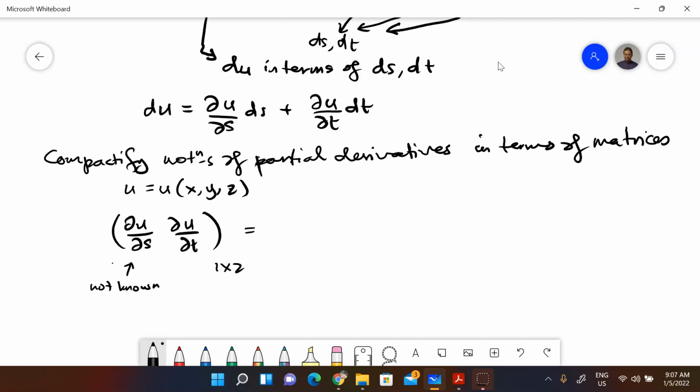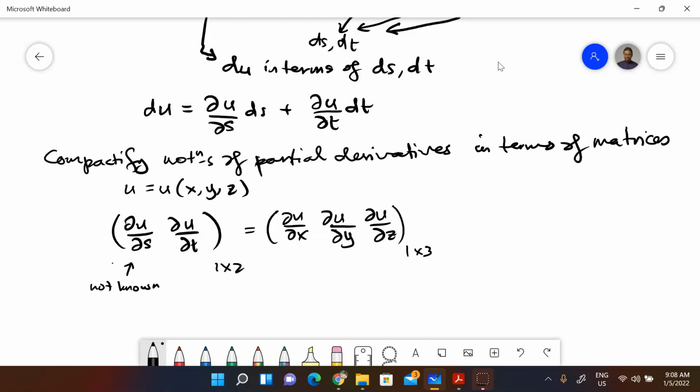And how do you get this is by taking what is known. In this case, what is known for u is your partial u, partial x, partial u, partial y, partial u, partial z. So this is a 1 by 3 matrix.